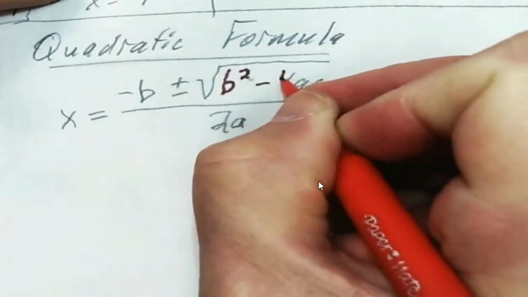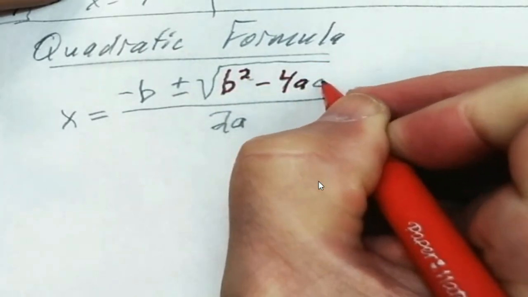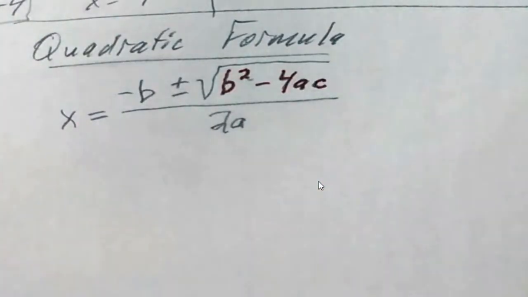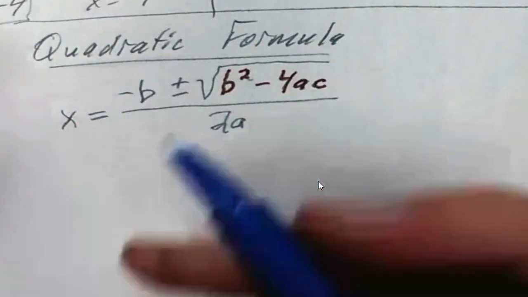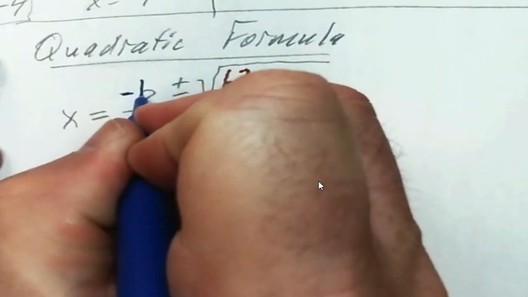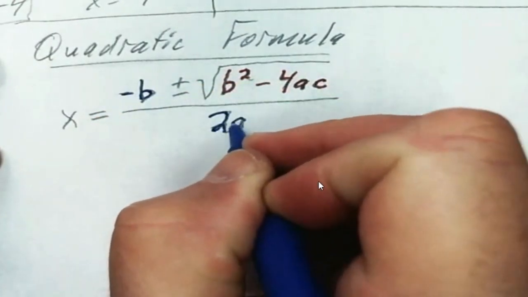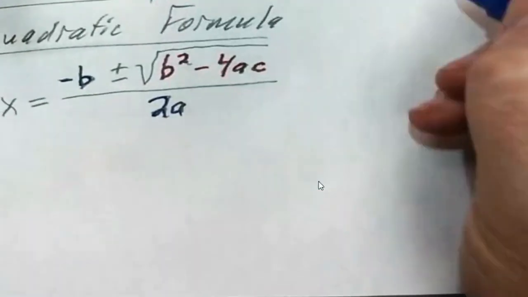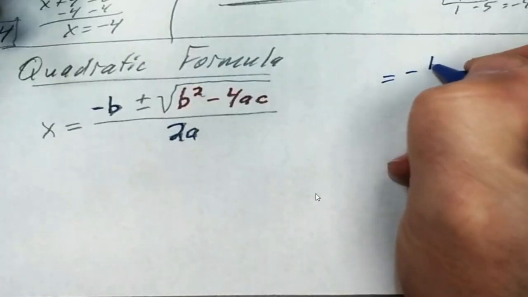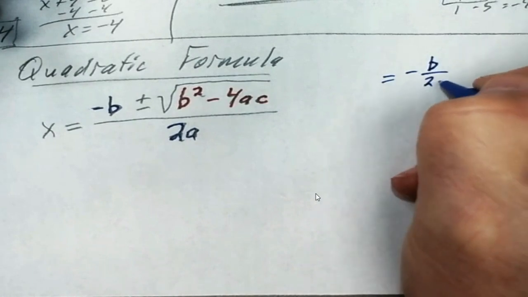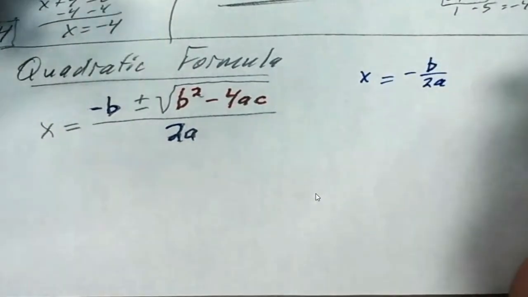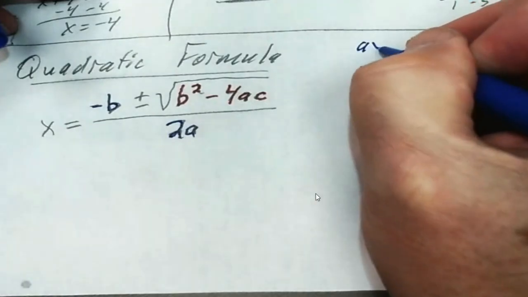And then negative b over 2a. What we know about that is negative b over 2a is the axis of symmetry.